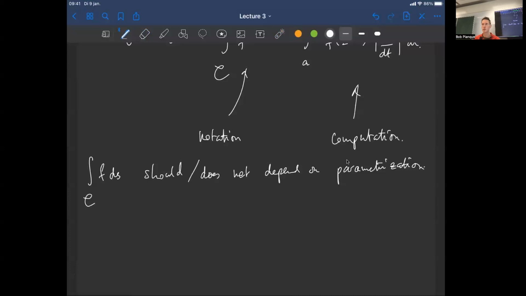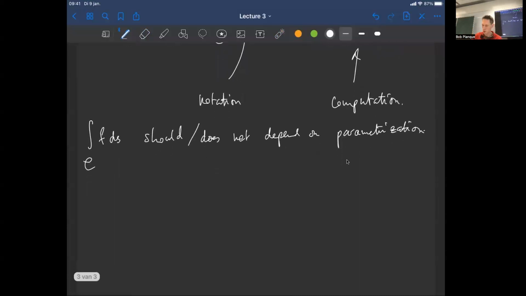If you do u equals 2x, then you're shrinking the domain because u goes only between 0 and 1, where x was going between 0 and 2. So that is going through the same thing twice as fast. And of course, it shouldn't matter. You should be able to do the substitution, and it shouldn't make a difference in the answer. That is the same here. So that's a good thing.